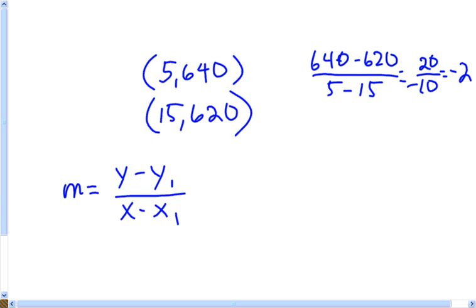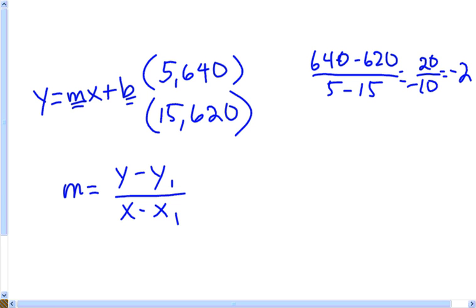So we can see that the balloon is descending at a rate of 2 feet per second or minute, whatever it is on there. Now, just think about the slope formula for a second. If we had an equation in slope-intercept form, what we have right here is the slope. We have a y-intercept, and then we have x and y variables in there.